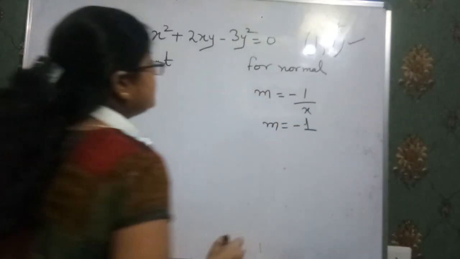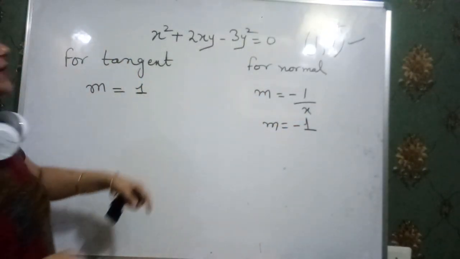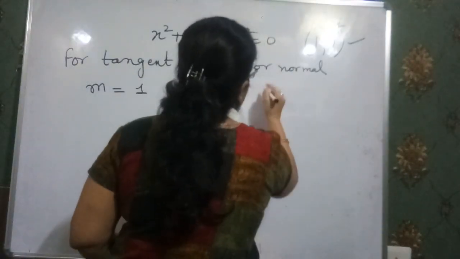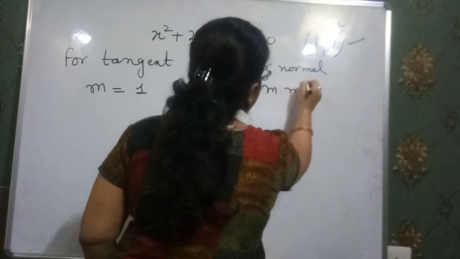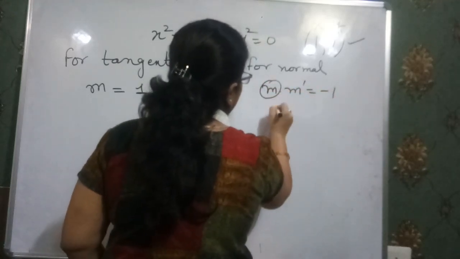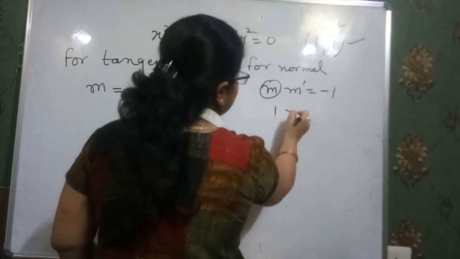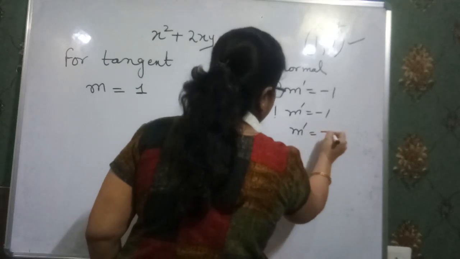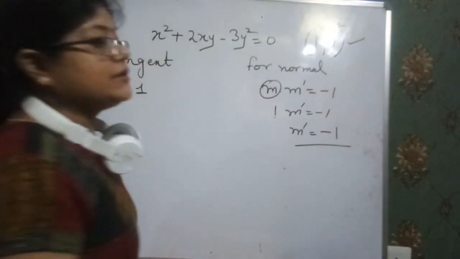Okay? Clear? For the normal, you can understand it this way: m times m dash is equals to minus 1. So the value of m is 1 as we calculated earlier, and m dash is equal to minus 1.